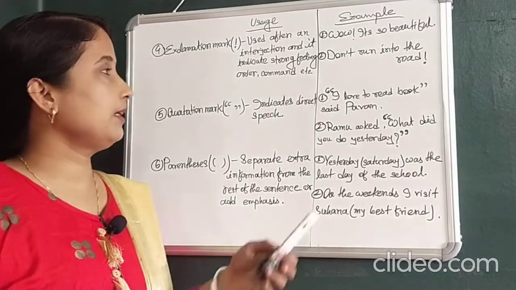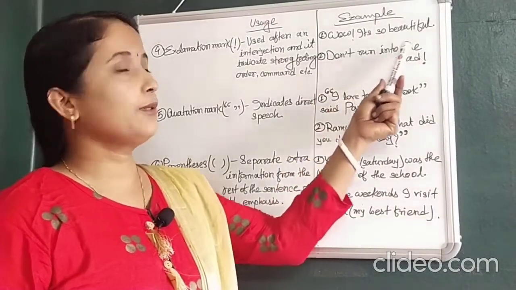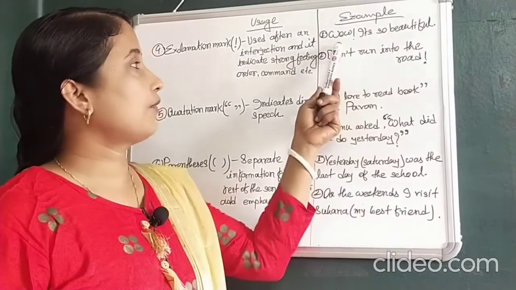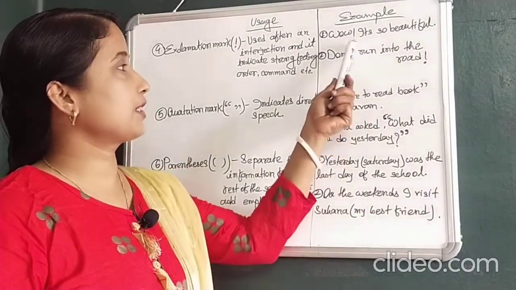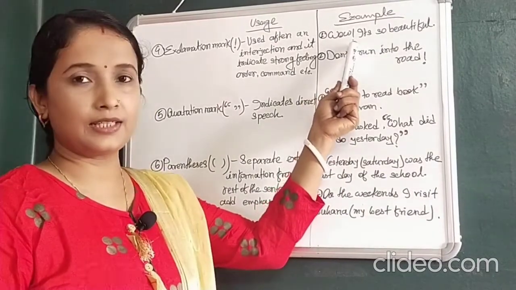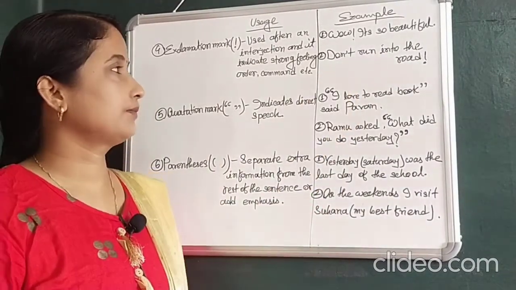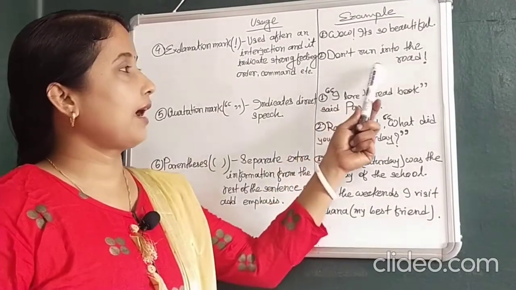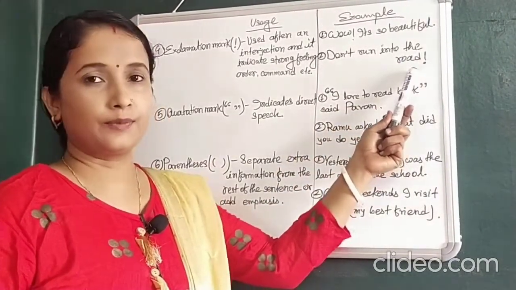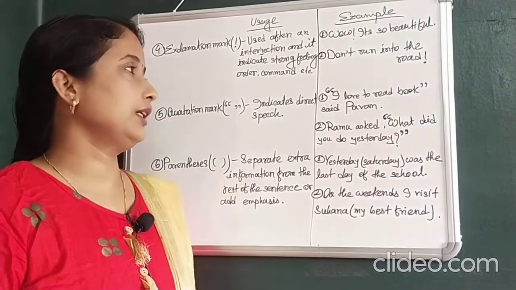Let's see an example. Wow, it's so beautiful! Here wow is an interjection. So we use exclamation mark after an interjection. Next example. Don't run into the road!